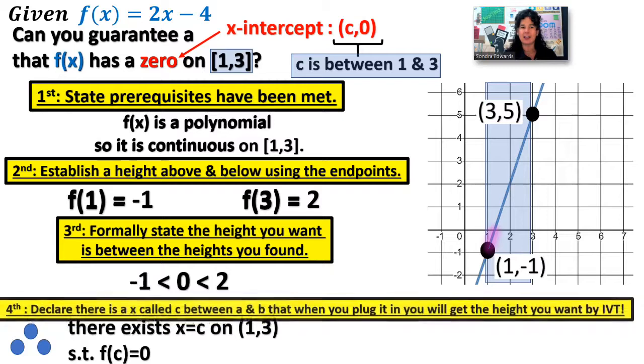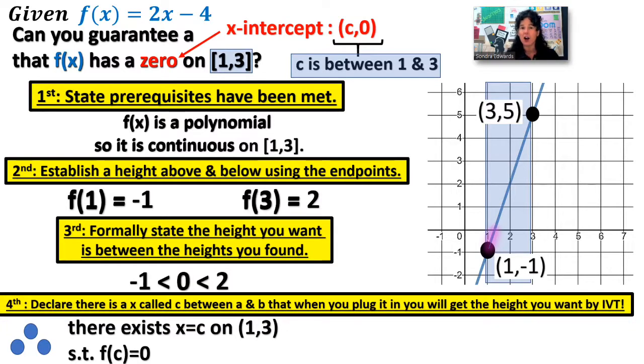So finally, we can declare our conclusion statement that there is an x equals c somewhere between 1 and 3, such that when we plug it in, f of c is going to equal 0. But we need to say what theorem we're using, so: by the intermediate value theorem. Each one of these 4 things needs to be included for you to get the points on an intermediate value theorem free response question.